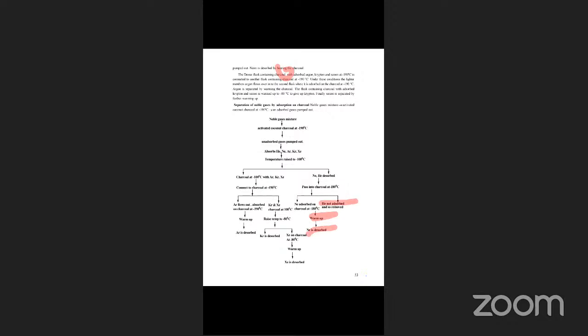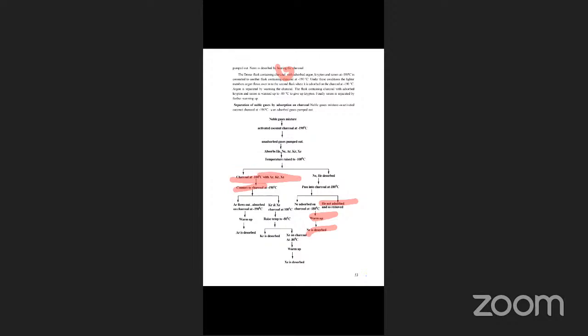Pass into charcoal at minus 180 degrees, helium is not adsorbed, so that's why it is removed easily. So what remains in the mixture? Helium, argon, krypton, xenon, with charcoal at minus 100 degrees holding argon, krypton, xenon.